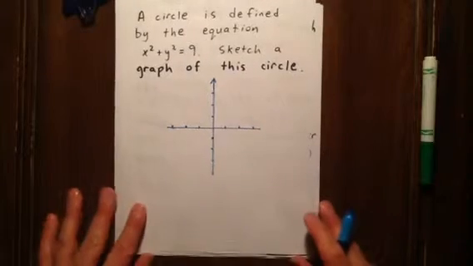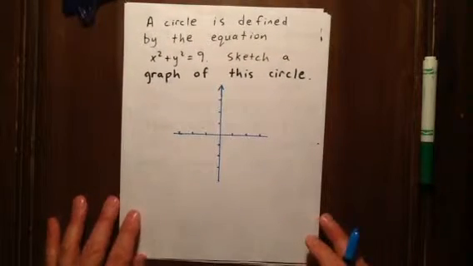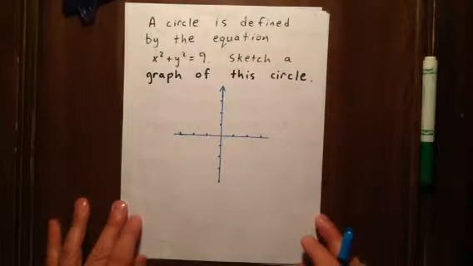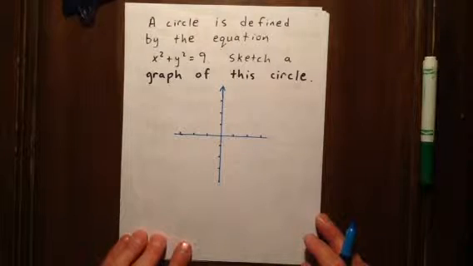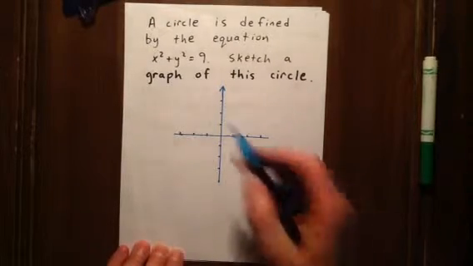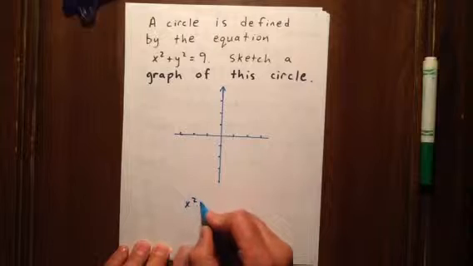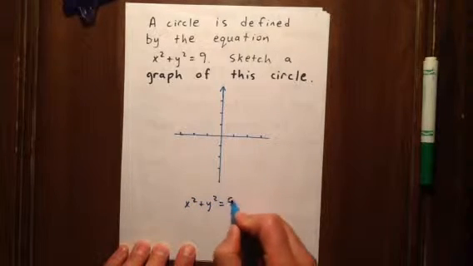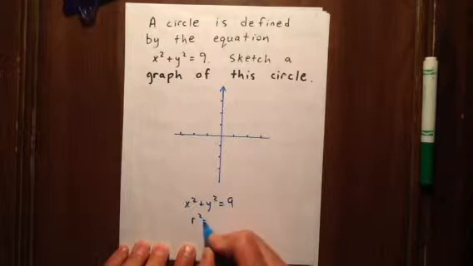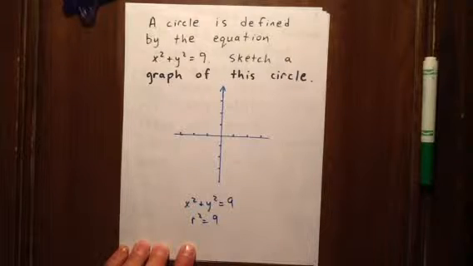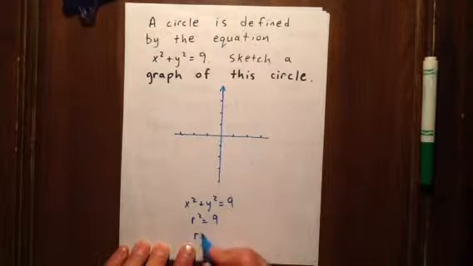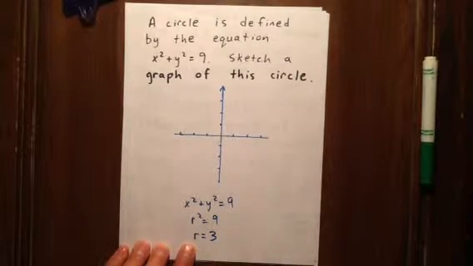Now I want you to imagine that we have a circle that's defined by the equation x squared plus y squared equals 9. We want to sketch a graph of that circle. Well, if x squared plus y squared equals 9, that means that r squared is equal to 9. And that would mean that r was the square root of 9, which is 3.